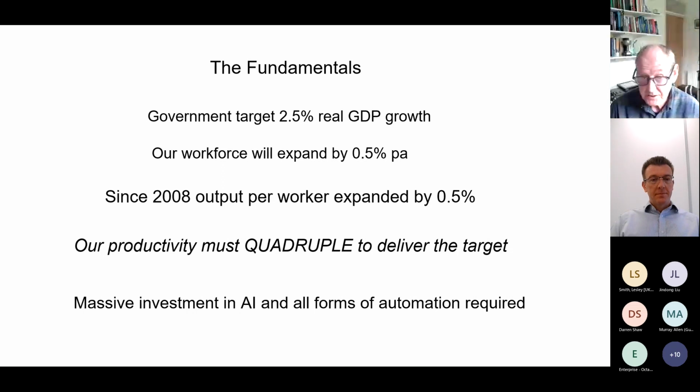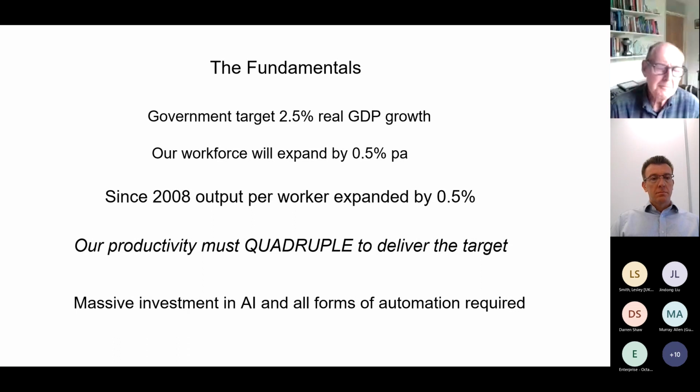Because the facts are our workforce is expanding by about 0.5%. Our productivity since 2008 is expanding by 0.5%. So that means real growth can't be better than around 1% year on year. If we want 2.5%, we've got to quadruple productivity.